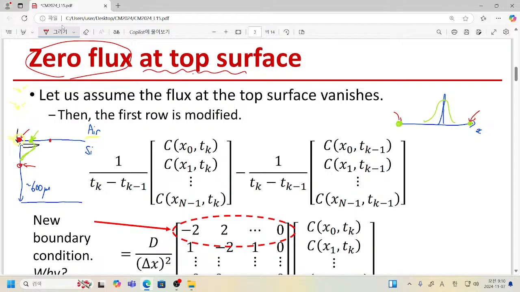After that, we assume that there is no case of it escaping from the silicon, jumping into the air, becoming a gas phase and going away from the silicon substrate. It is not allowed. So the flux from silicon to air is not allowed. That will be implemented in this case, and the result looks like this.